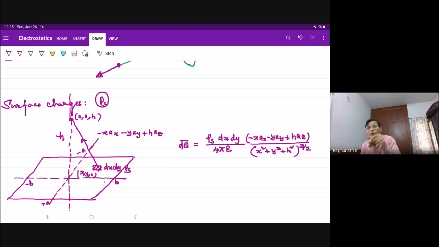Get the vector from the general element to the point of interest, the point of observation. Use that along with the medium constant epsilon to first write the differential electric field intensity. Then check it once.